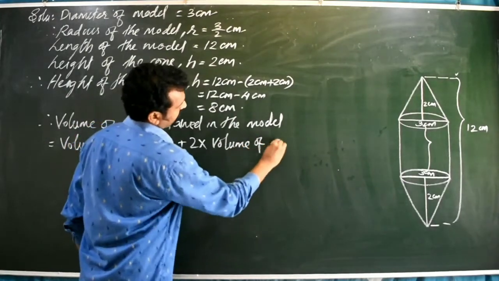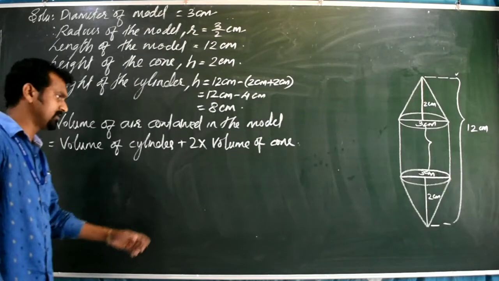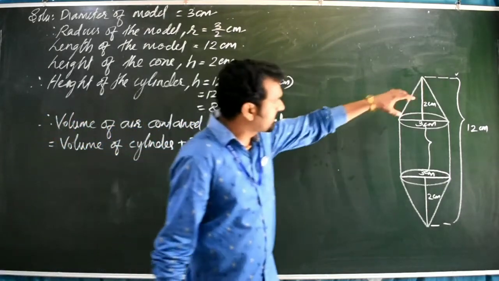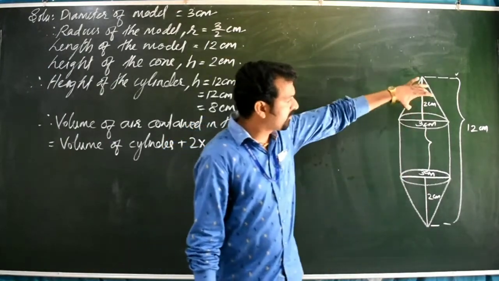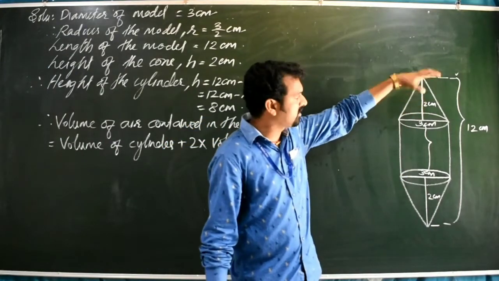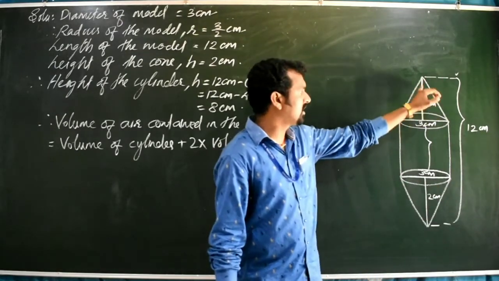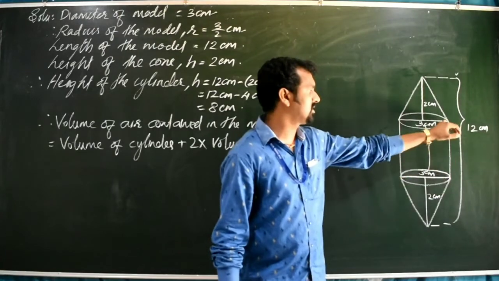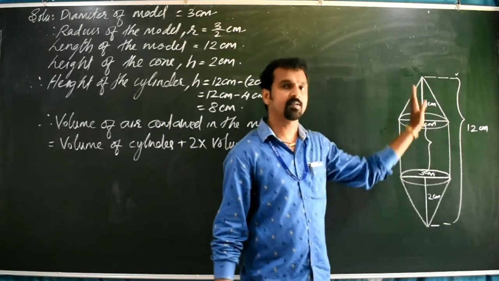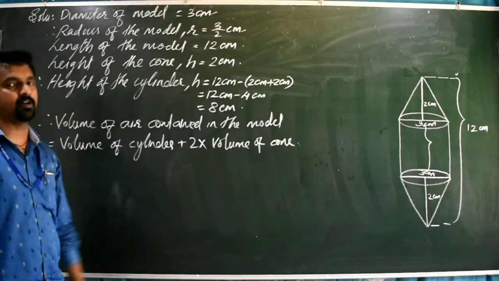How did it come? The volume of this cone and this cone will be the same, so we find the volume of one cone and multiply by 2 to get both cones. Here height is 2 centimeter, and radius is 3 by 2 centimeter, the same size.